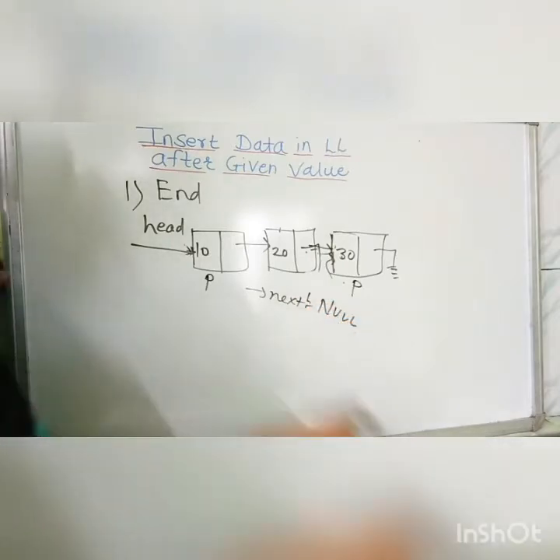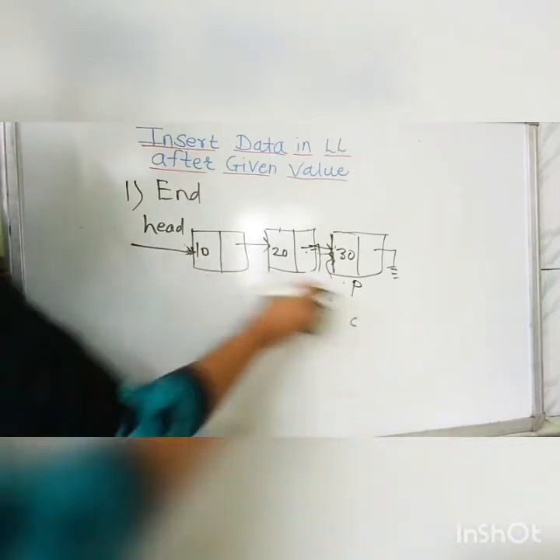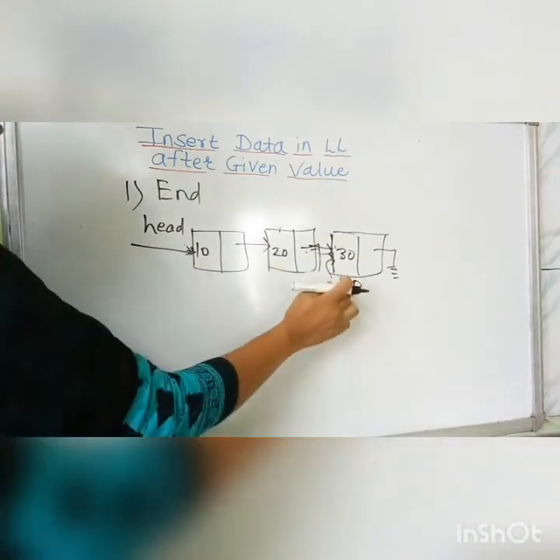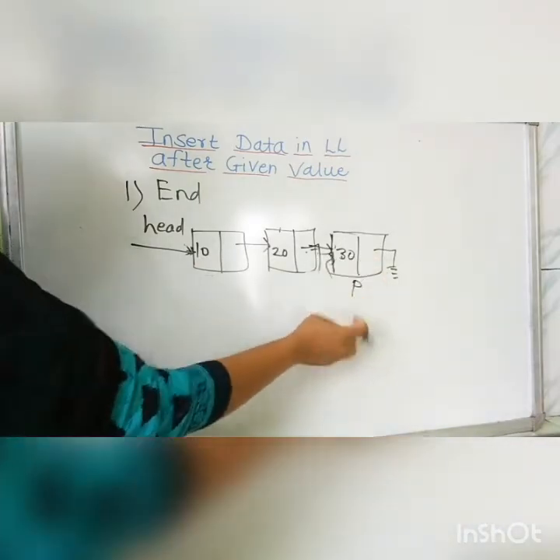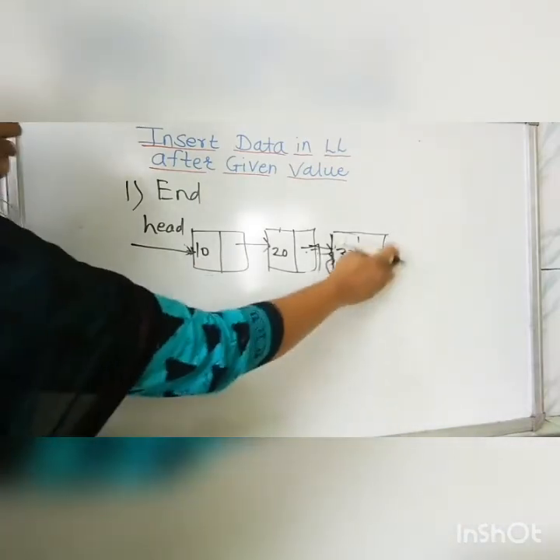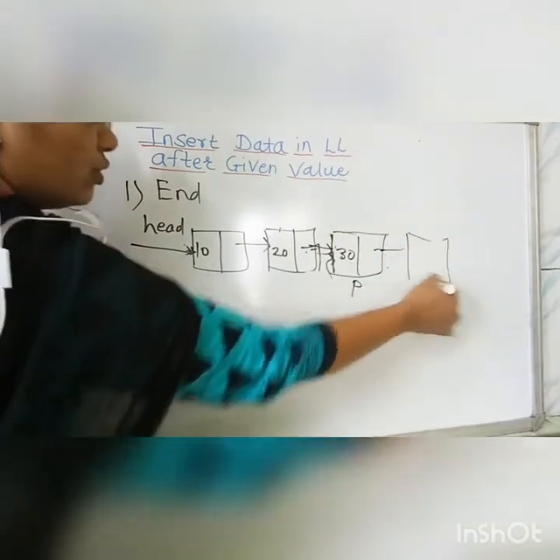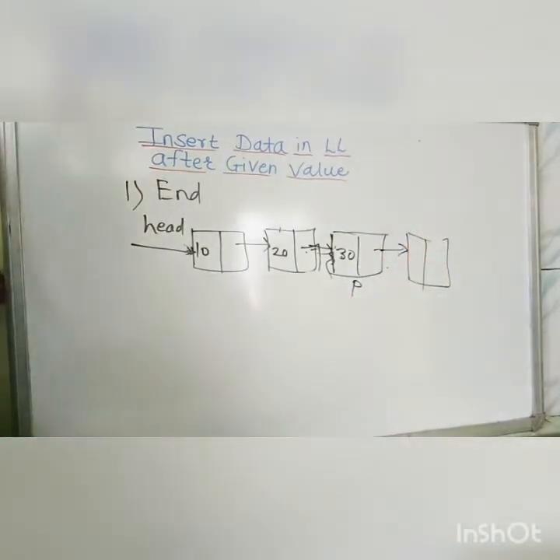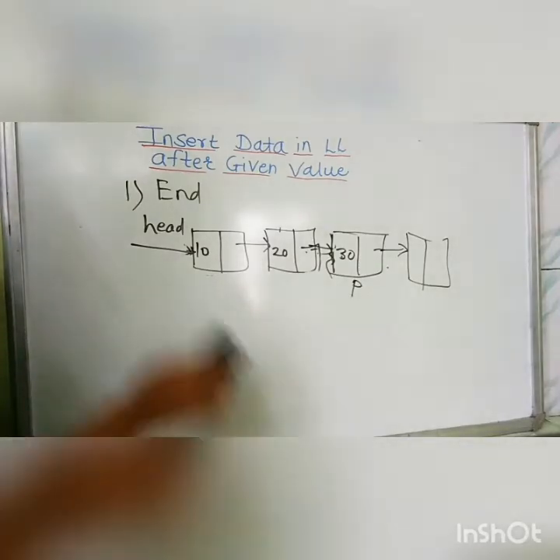Now consider that we have arrived at this position, meaning this is the end node, and now we simply attach our new node to the next of this node. These are all the different cases to insert a new node in a previously created linked list.